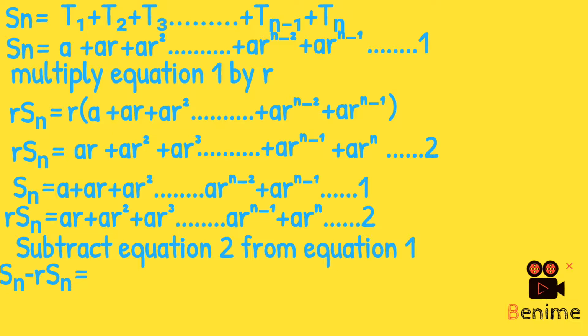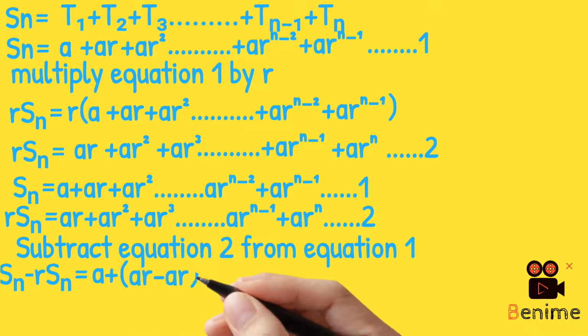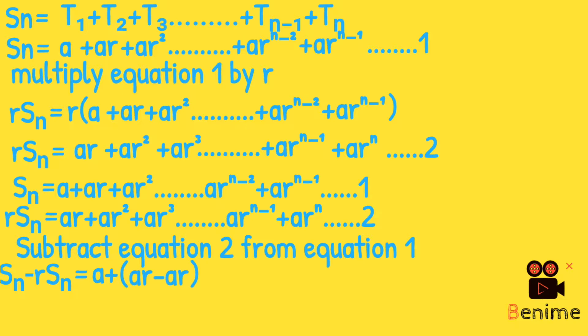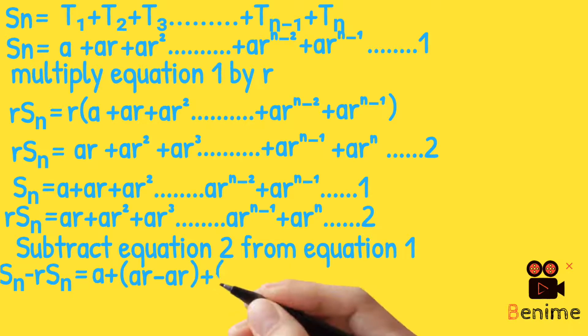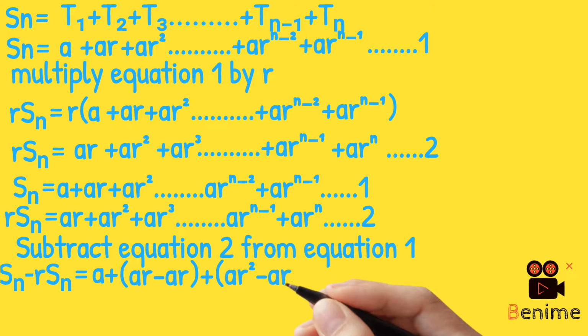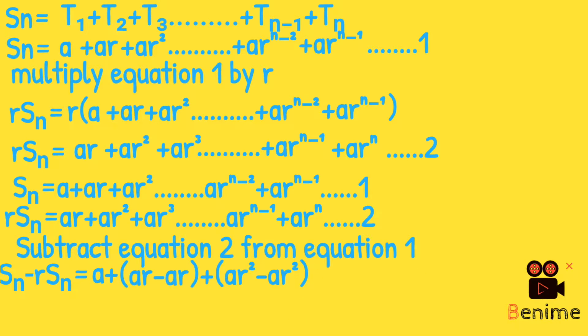We have a for the first part, for equation 1, a, then plus open bracket ar minus ar. Now the first ar is from equation 1, then minus ar because we are using subtraction. The second ar is from equation 2. Let me say it again, a plus open bracket, the first ar now is from equation 1 minus the second ar in equation 2, then close bracket, plus ar to the power of 2 from equation 1 minus the ar to the power of 2 in equation 2.